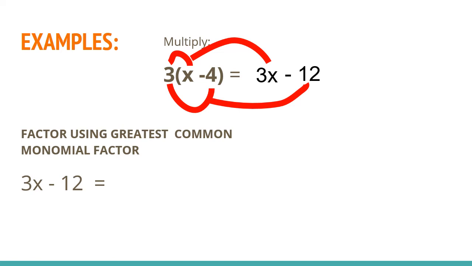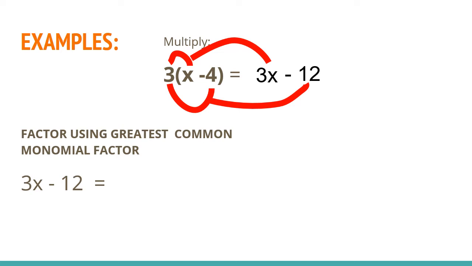Tingnan muna natin kung merong common monomial factor ang ating given polynomial. Tingnan natin yung parehong constants. Yung first term natin ay may 3, yung ating second term is merong negative 12.